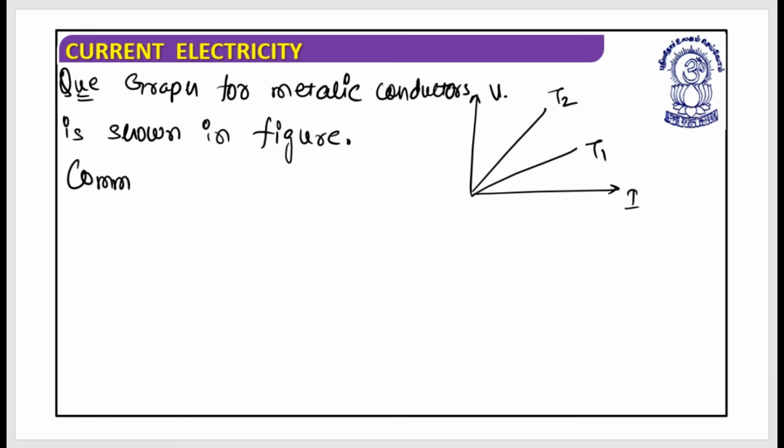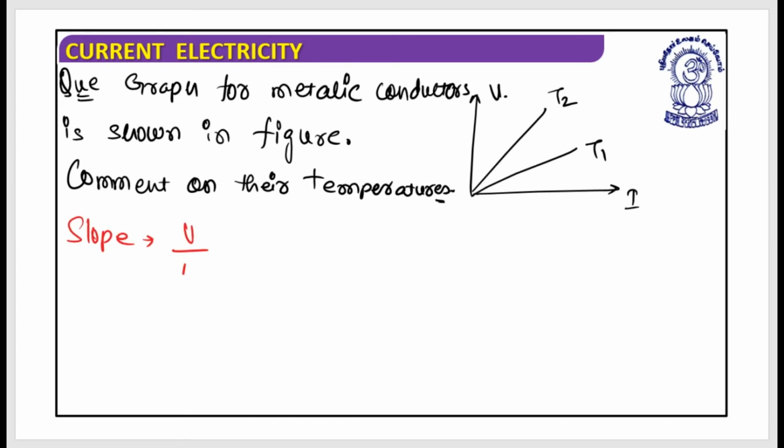Comment on their temperatures. So what I understand is that the slope of this graph, voltage versus current, the ratio would be the resistance.